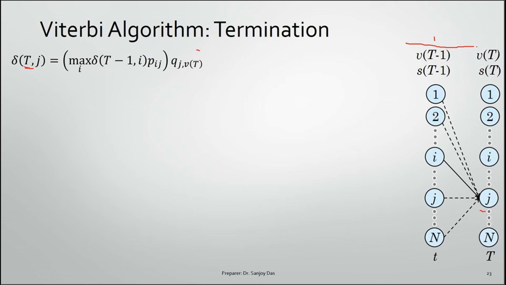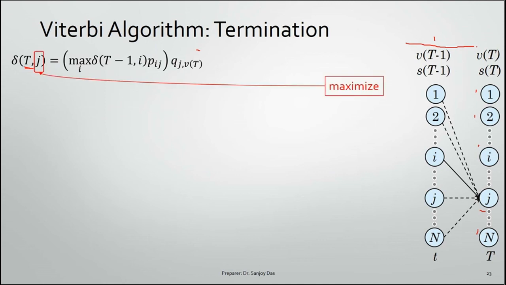Now, suppose, of course, I have delta tj at the last step of the Viterbi algorithm. This is what I would have. I would have delta tj for each of these states 1 through n. And what if I take the max of all those delta tj's?